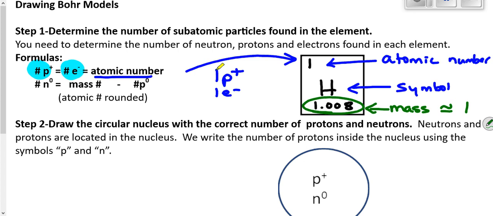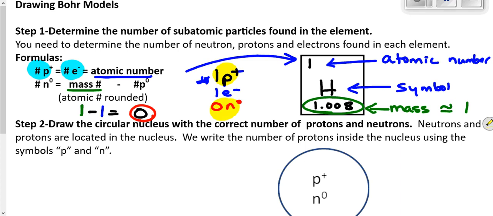They're about 1. So if I take the mass, which in this case was 1, and from it I subtract the atomic number, which was the number of protons, which in this case was 1, then I get an answer that tells us the amount of neutrons. In this case, we can see here there would be 0 neutrons. And that's very possible. We can have any number of protons, neutrons, and electrons. So we'll do more examples of this. I just wanted to show you where everything was coming from on our pictures. So remember that my protons and my neutrons are going to go in the center.